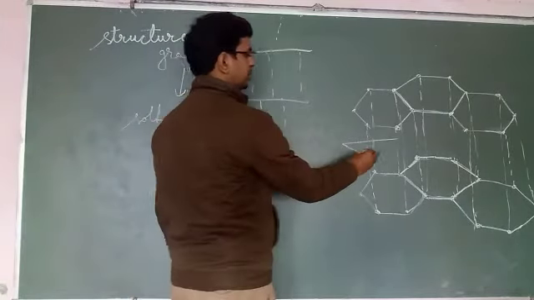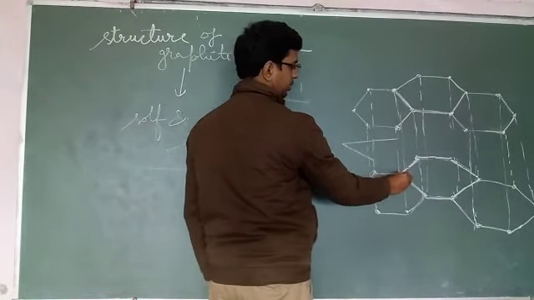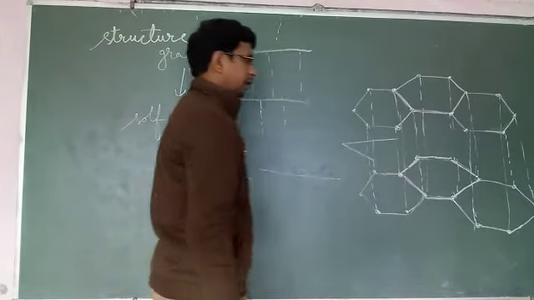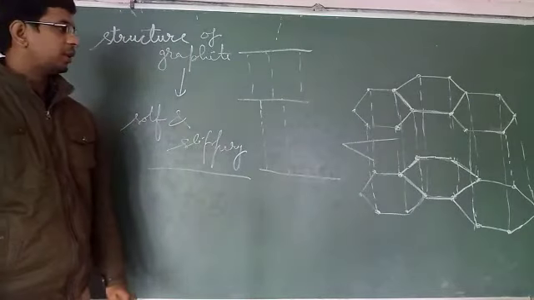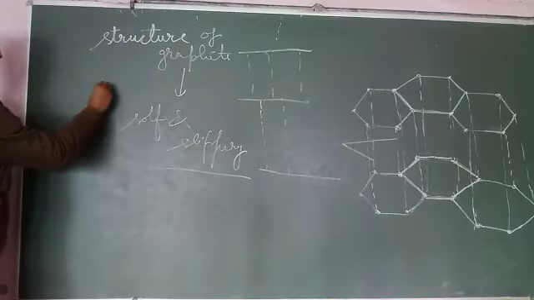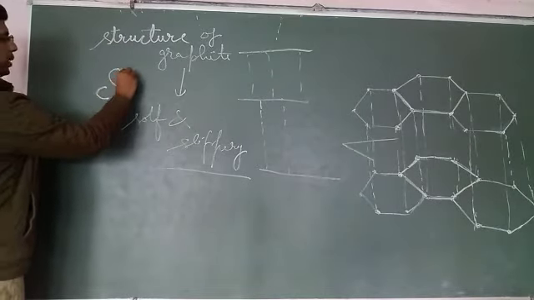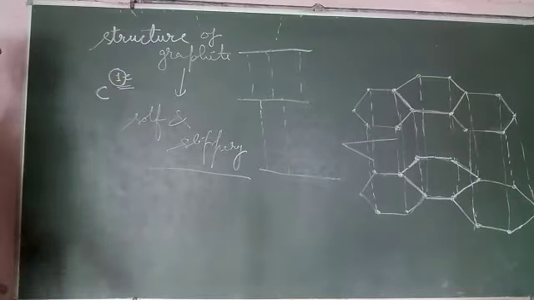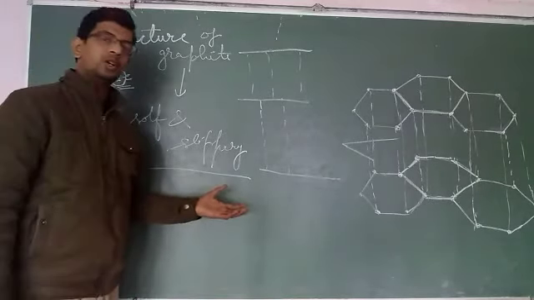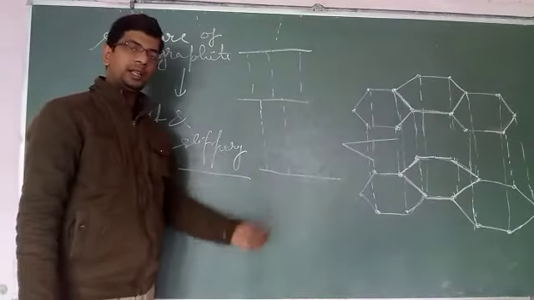Now we can see that one carbon atom here is attached to 3 different carbon atoms. It means in the valence shell one electron is free, and that one electron per carbon is free to move, and because of this free electron graphite is able to conduct heat and electricity both.